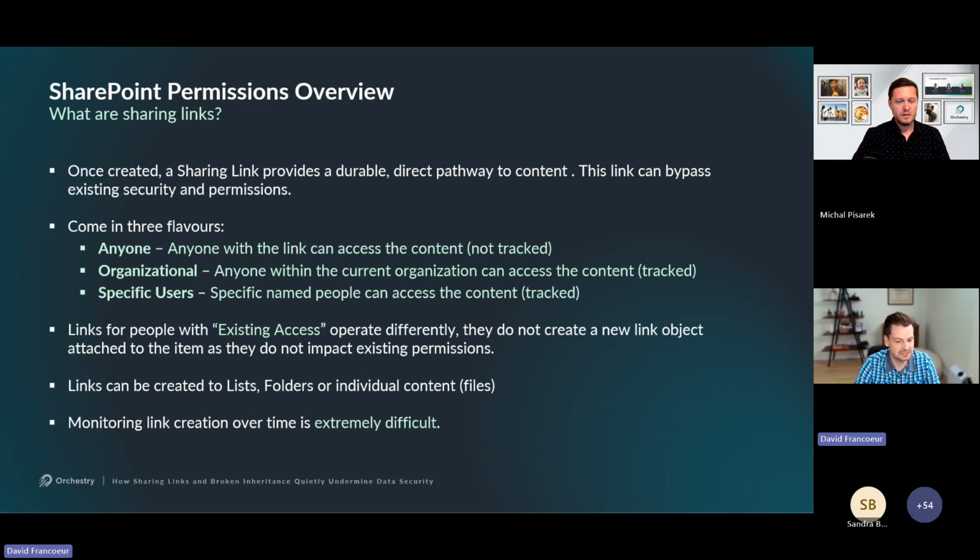You might be asking yourself, what about the other link? There's this existing access link that behaves in the old fashion. It doesn't really fit in with these three, where a new link object is created. This simply grabs the link to the object, and only people that already have access to the site or the group will have access to the content. This, in our opinion, actually makes for the safest link.